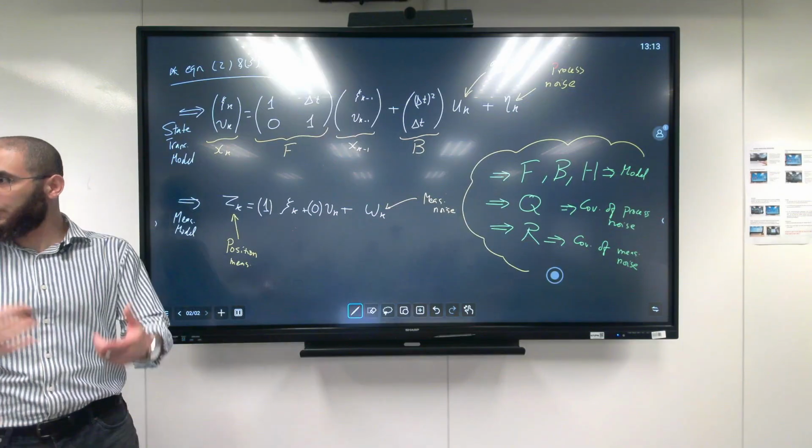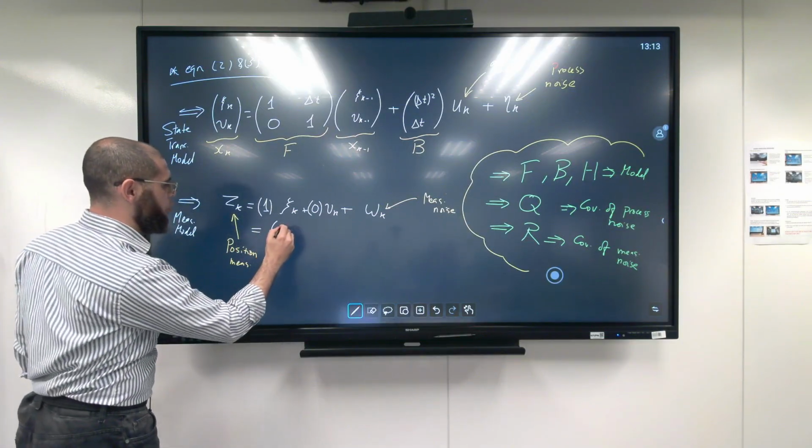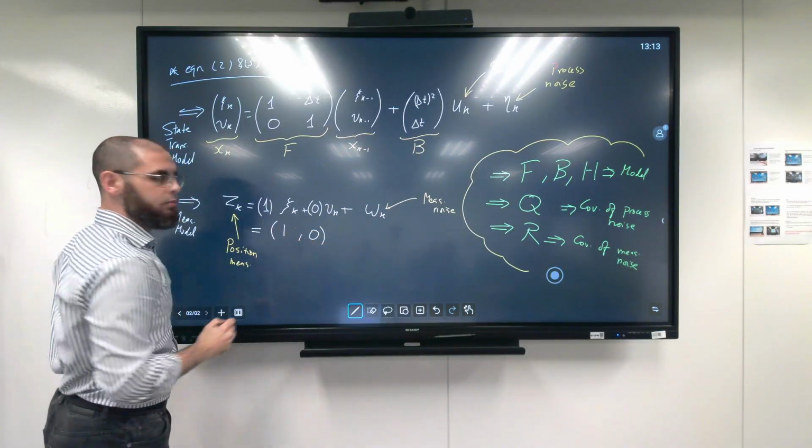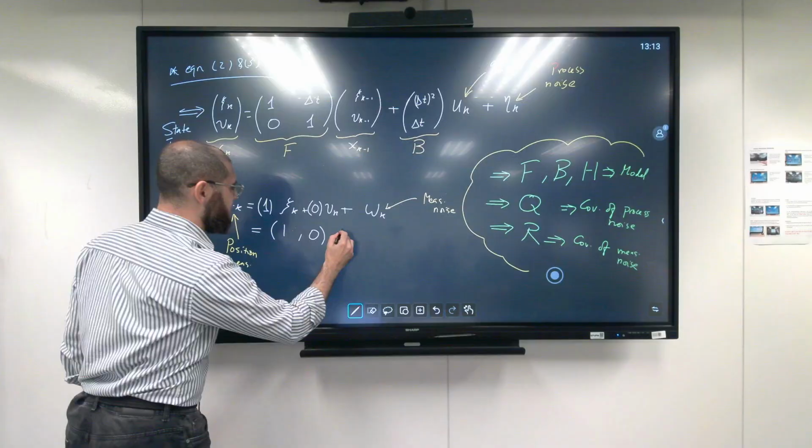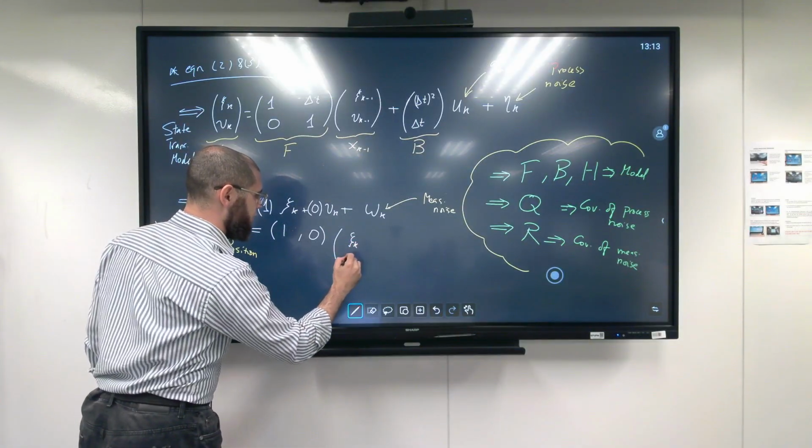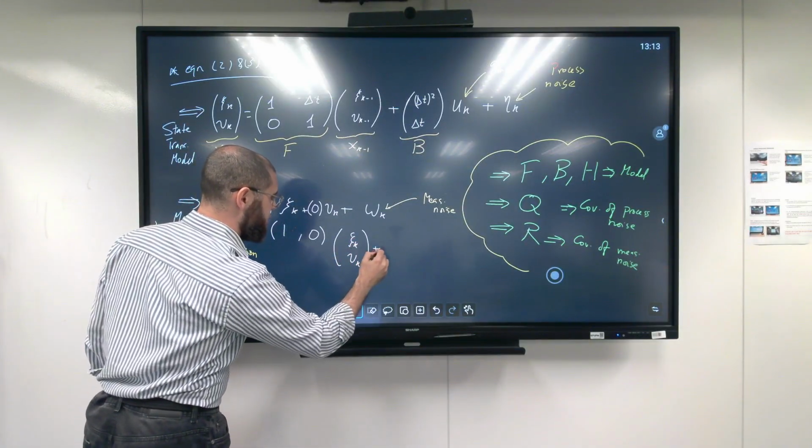Or in other words, I can rewrite it as the matrix 1 and 0, multiplied by psi k, vk, plus the wk.